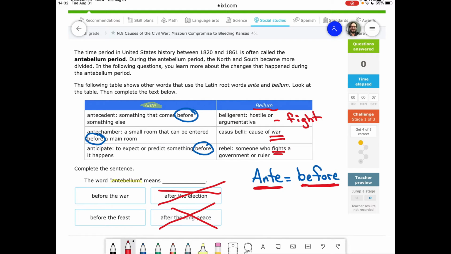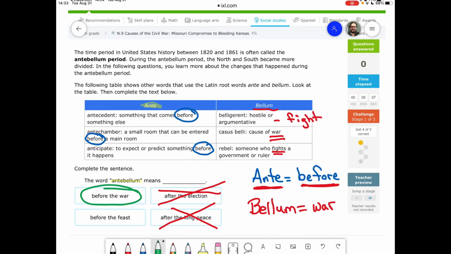Okay? We know that bellum has this common theme of fighting and war, so we can assume when ante and bellum are used together, the meaning specifically refers to war. Therefore, the word antebellum means before the war.